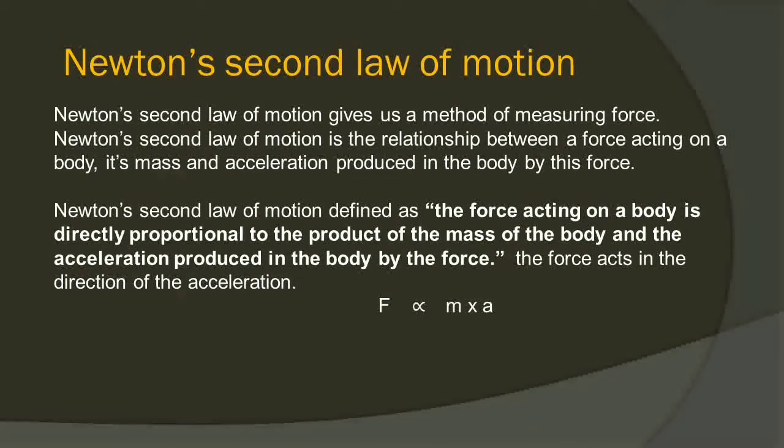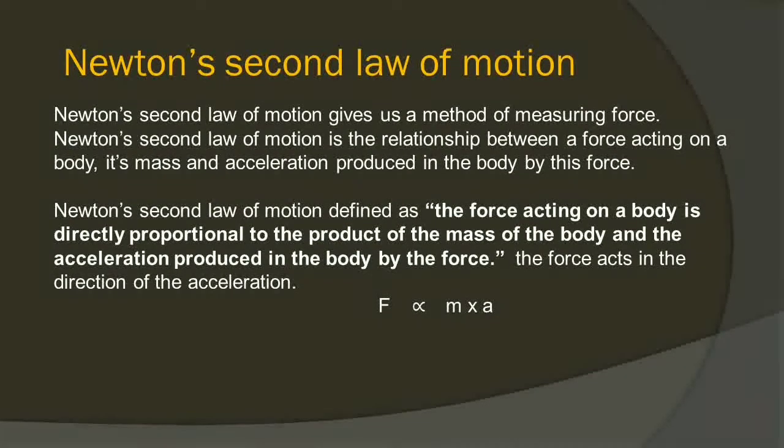Newton's second law of motion is the relationship between a force acting on a body, its mass, and the acceleration produced in the body by this force. Newton's second law of motion is defined as: the force acting on a body is directly proportional to the product of the mass of the body and the acceleration produced in the body by the force. The force acts in the direction of the acceleration.